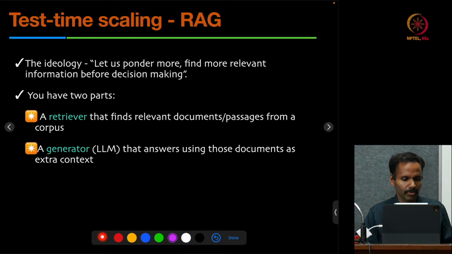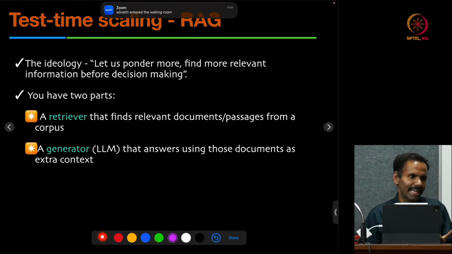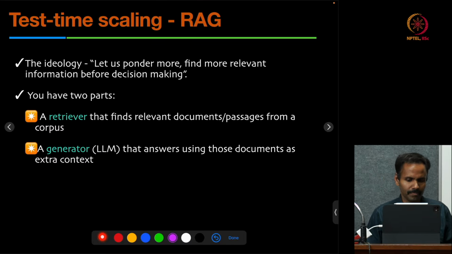At a high level, there are two parts: a retriever, which takes your prompt, identifies from a corpus, a knowledge base, some subset of documents or information sources very relevant to this response, and then uses that along with the prompt to generate the final response.